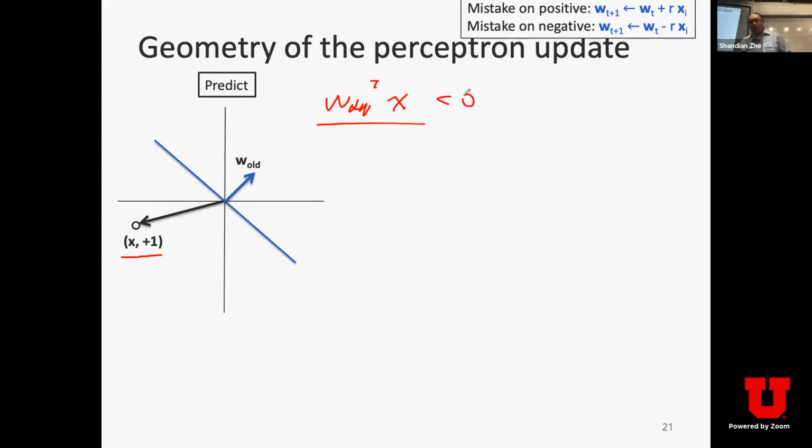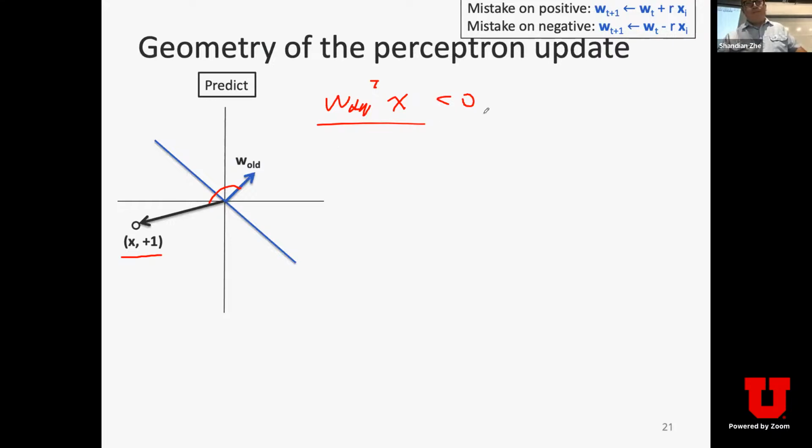The reason this dot product is negative is because the angle between the two vectors is bigger than 90 degrees, or half pi. Because the dot product has the same sign as the cosine of the angle between the two vectors. So if this angle is over half pi, cosine will be negative. That means the dot product must be negative.